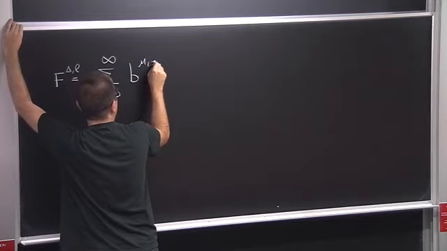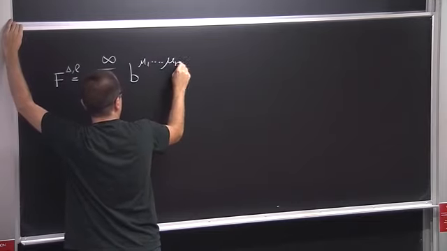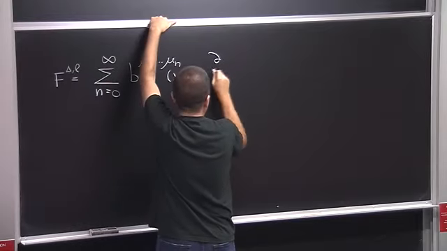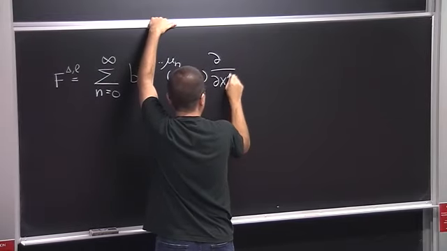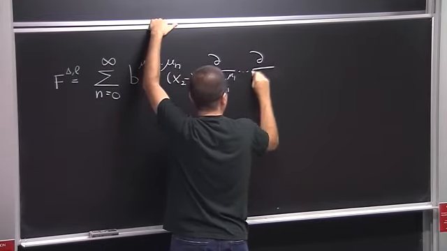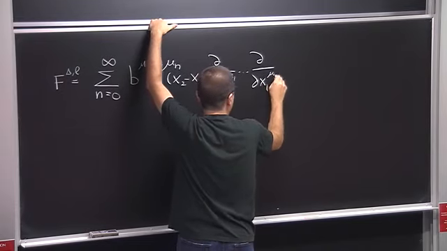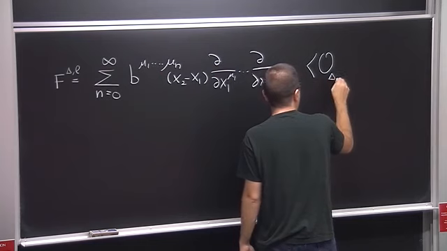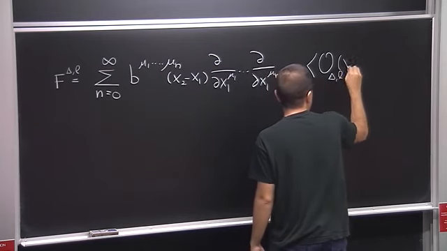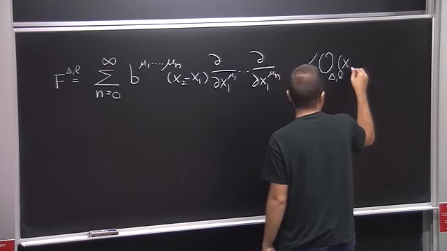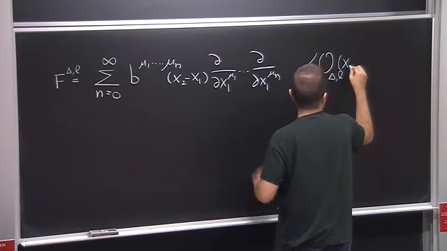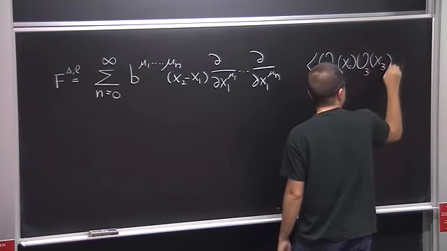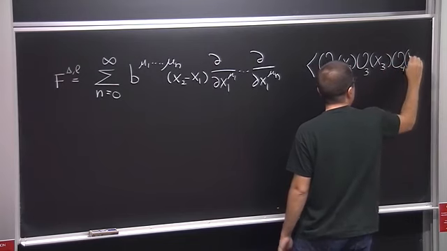B mu1 up to mu n of x2 minus x1, derivative with respect to x1 mu1, up to derivative with respect to x1 mu n. And this was acting on a correlation function of an operator with some dimension and some spin at some position x2, say, and then operator 3 at position x3, and operator 4 at position x4.